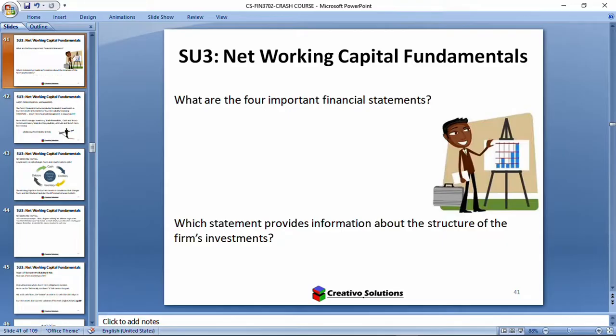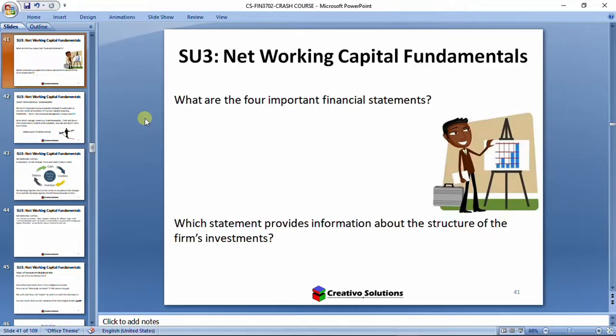Statement of financial position. Good. Trial balance. No, trial balance is not a financial statement. You use the trial balance to create the financial statements. So you've got the profit and loss one, you've got the financial position one, and the statement of comprehensive income, which is the same as the profit and loss.